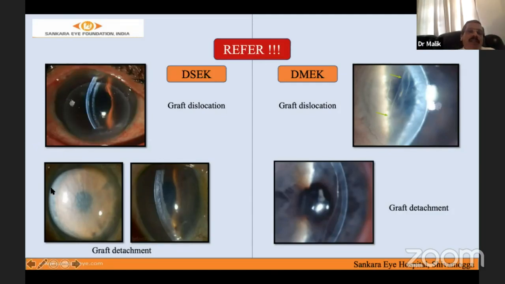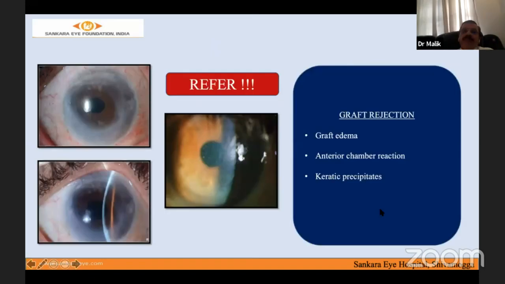And if there is persistent corneal edema and small detachment in the graft, such cases you should refer immediately. And what you look for in DMEK, mainly if there is a graft dislocation. If you can see the scroll here, it is dislocated again. It has scrolled inside, and if there is any graft detachment.